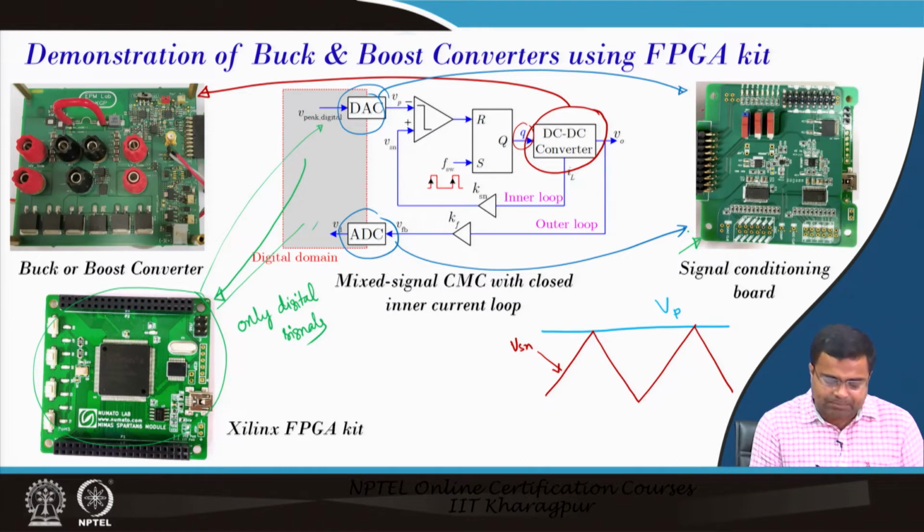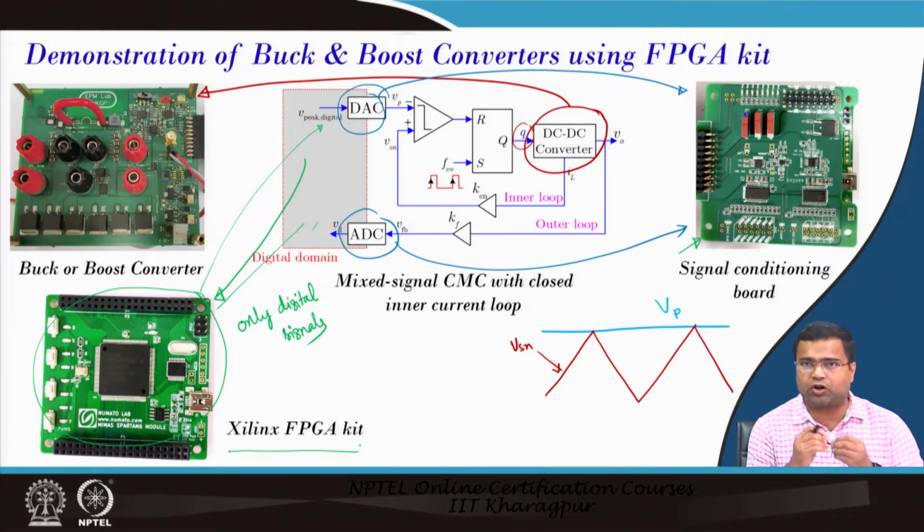So, we are using an FPGA as the digital control platform, and we are using a Xilinx FPGA. Now we are going to see a short video where we will show the full, live implementation of the mixed signal current mode control with inner current loop closed.